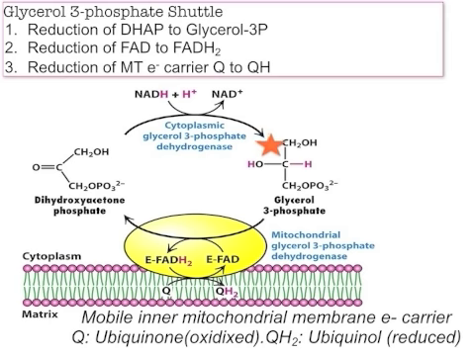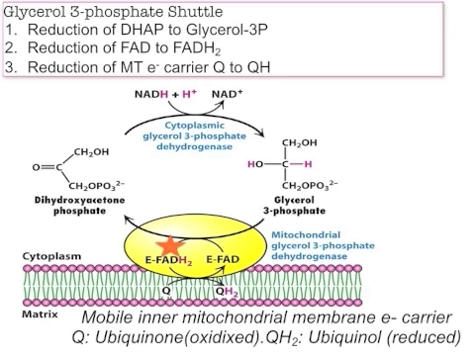Now these electrons from glycerol 3-phosphate can be handed off to another electron carrier. This is bound into an enzyme, the mitochondrial glycerol 3-phosphate dehydrogenase. We're going to reduce FAD that's bound in this enzyme to yield FADH2, and in the process, glycerol 3-phosphate will be oxidized to form dihydroxyacetone phosphate again.